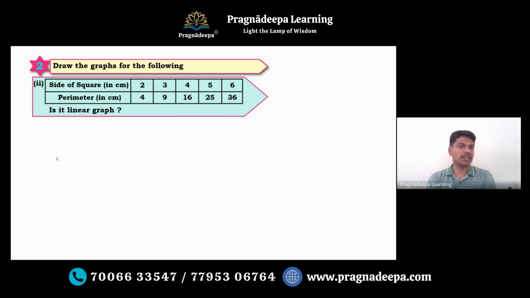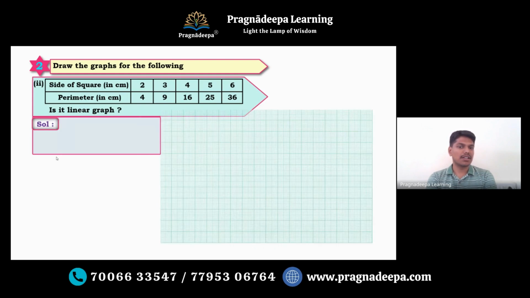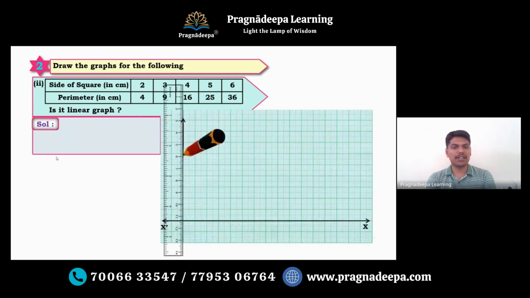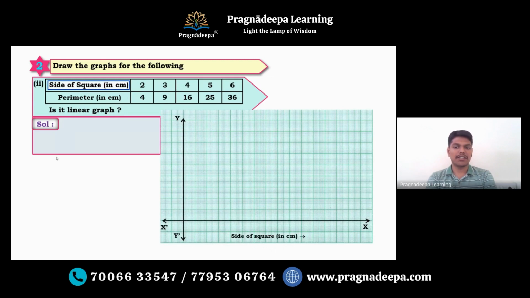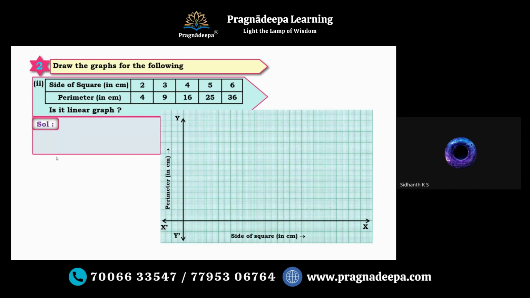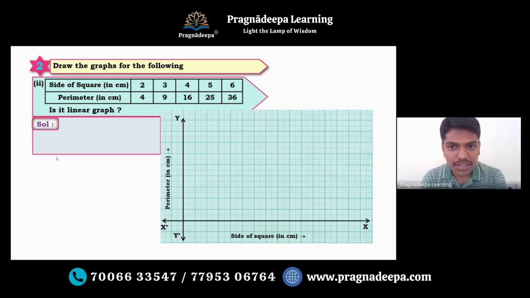Okay, sir. Again mark the side of the square in centimeters on the x-axis and the perimeter on the y-axis. Sir, it is linear, because all the numbers are squares. Actually here the question is not perimeter, it should be area.